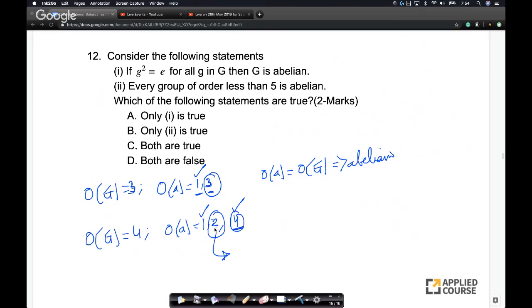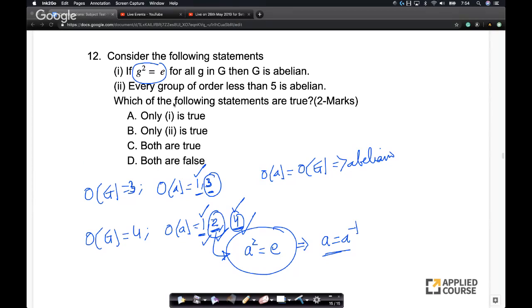So if there exists an element whose order is 2, what does it mean? It means a squared equals e. If a squared equals e, it means a equals a inverse. And we have 3 options: all the elements have order 4, or order 2, or order 1. If you have elements of this type, this is abelian to start with.